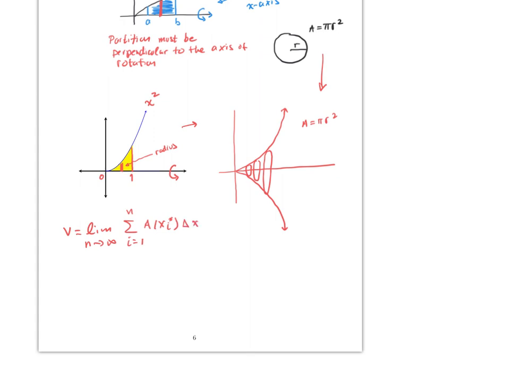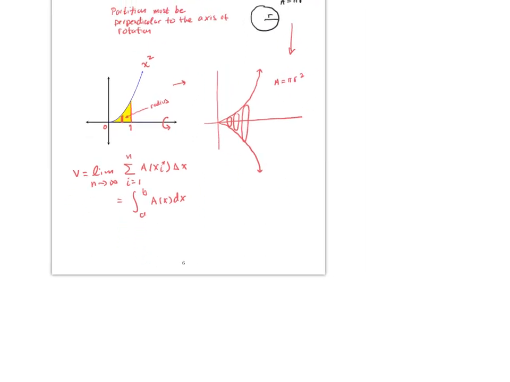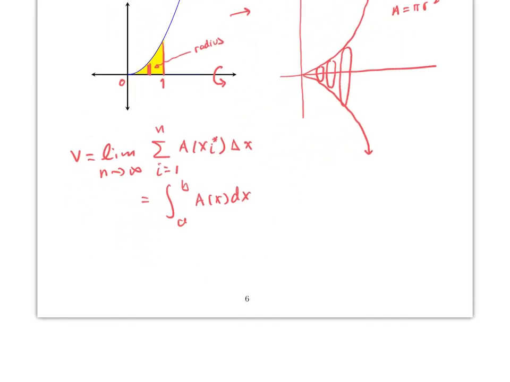But notice that this is nothing more than the integral from a to b of whatever the area function is. So if you integrate all the areas, you will get a volume.